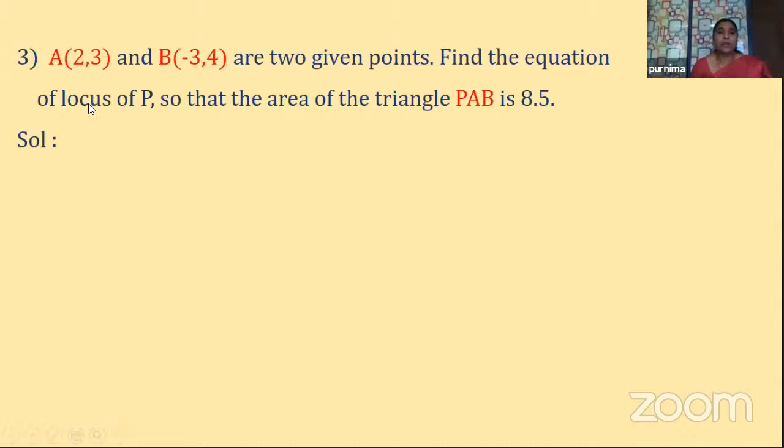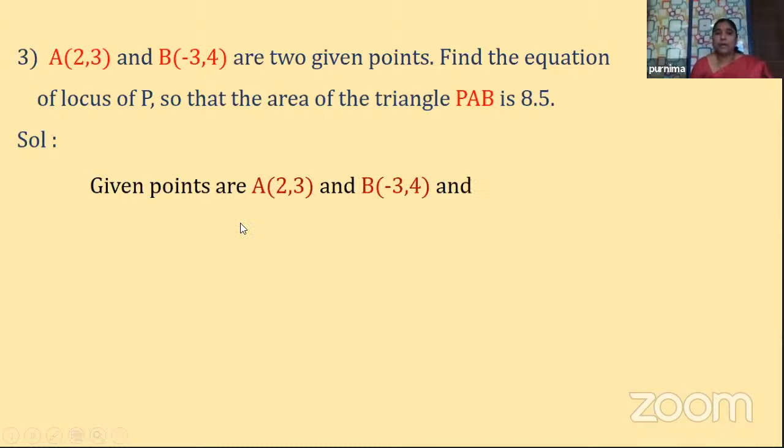Find the equation of locus of P so that the area of the triangle PAB is how much given? 8.5. So now let us see. Given points are what? A (2, 3) and B (minus 3, 4), and P (x, y) be a point on the locus. So we are letting P (x, y) as a point on the locus.